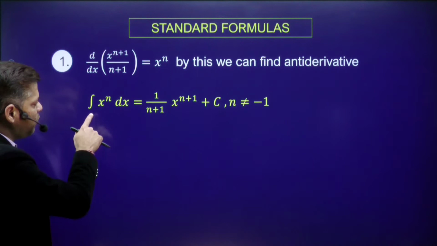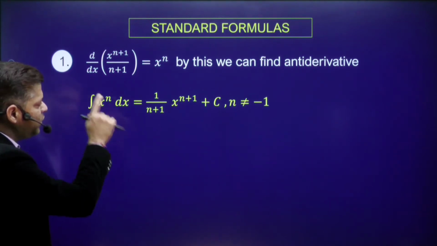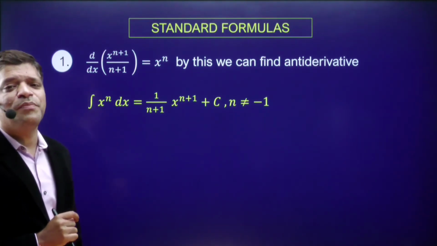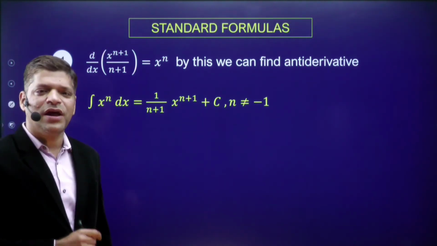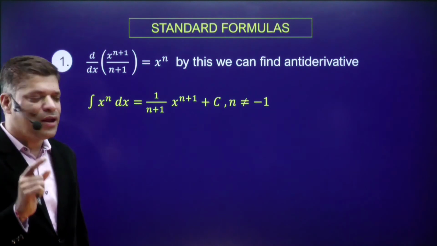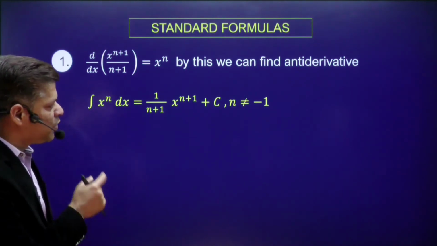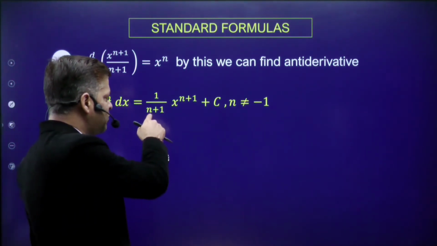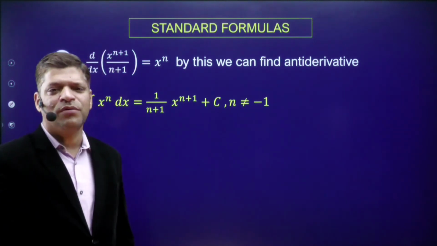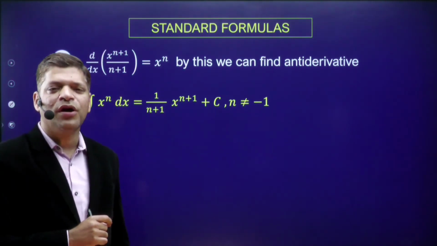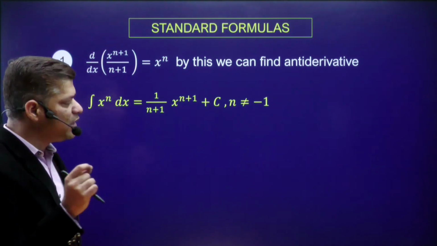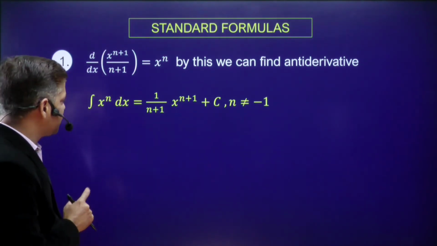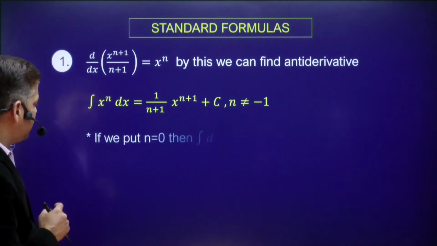So the first formula we write down is the integration of x raised to the power n dx is equal to x raised to the power n plus 1 over n plus 1 plus c, where small n is not equal to minus 1, because if we put n equal to minus 1, the result will not be defined. Okay, so this is the first formula.